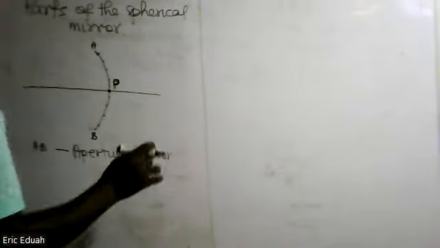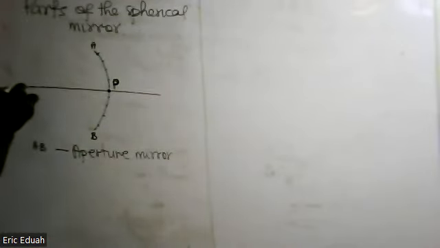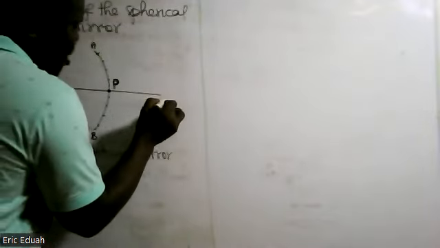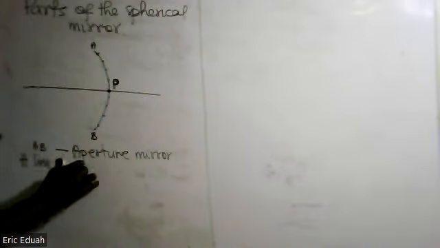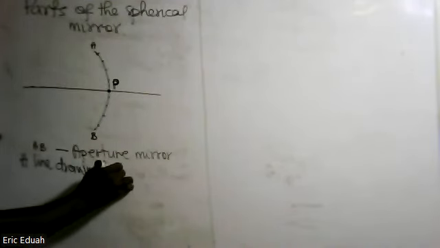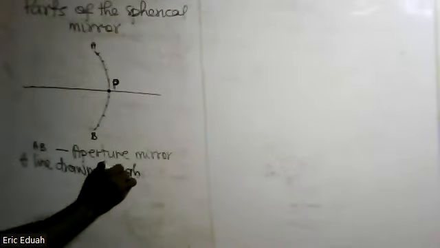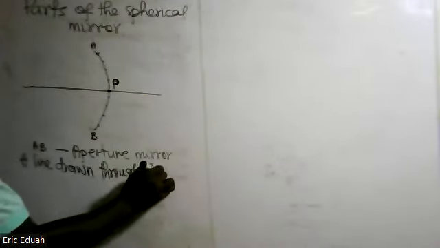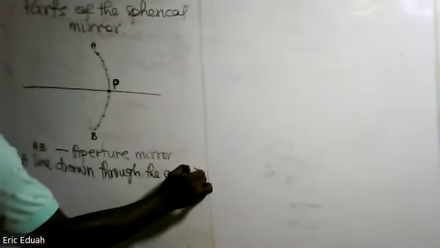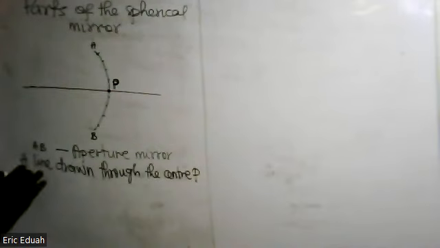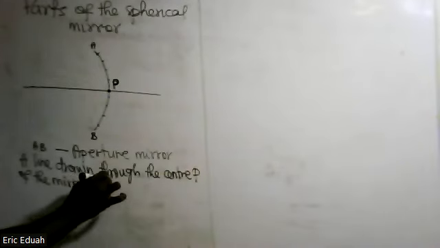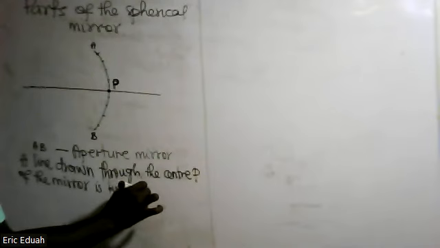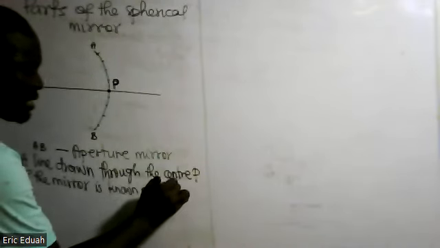Now there is a line drawn through the center P of the mirror, known as the principal axis. So a line drawn which divides the mirror into two equal parts, passing through the center P of the mirror, is known as the principal axis.